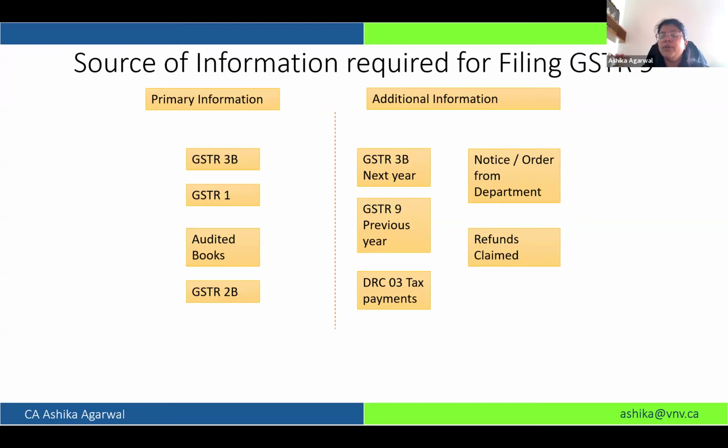Similarly, if you are into exports or inverted duty structure where you are eligible for refund, there is a separate table to report refund filed, refund sanctioned, and refund rejected. So notices and refunds are just for reporting and will not hamper your reconciliation, but other data will, based on how the adjustment or timing difference is there.